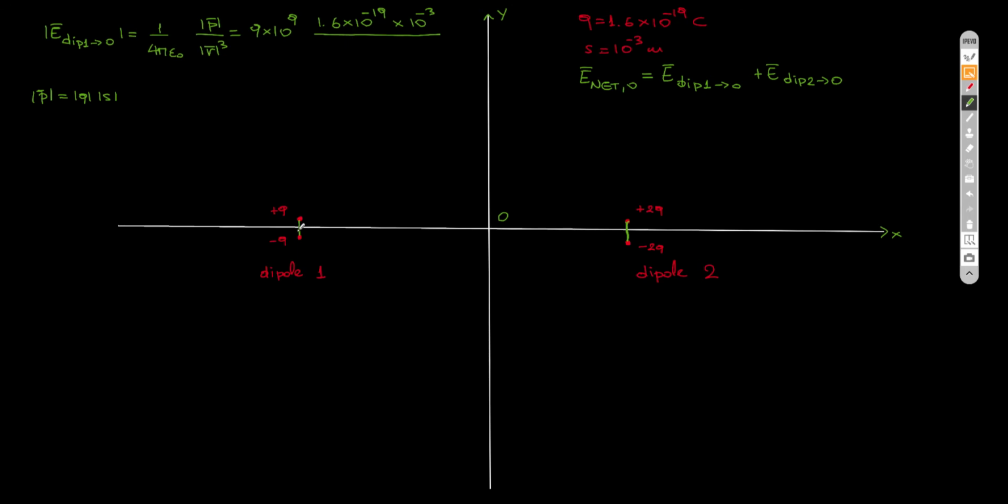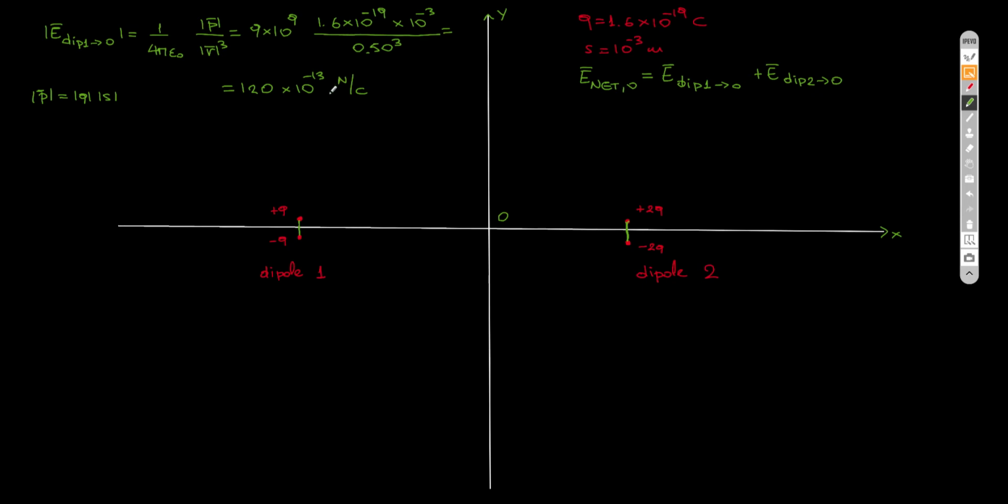Let's make the distance from the center of dipole 1 to the origin 0.50, to the power of 3. And the result is 120, and I have 10 to the 9 minus 19, so it will be times 10 to the minus 13 newtons per coulomb.